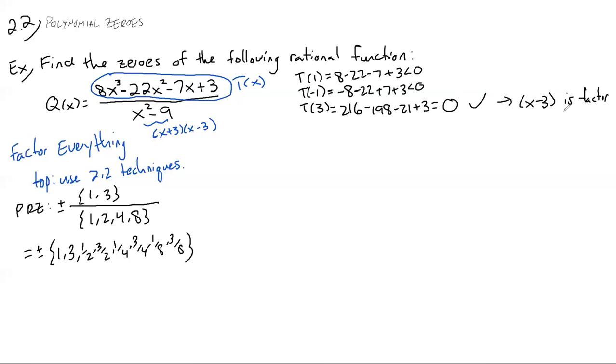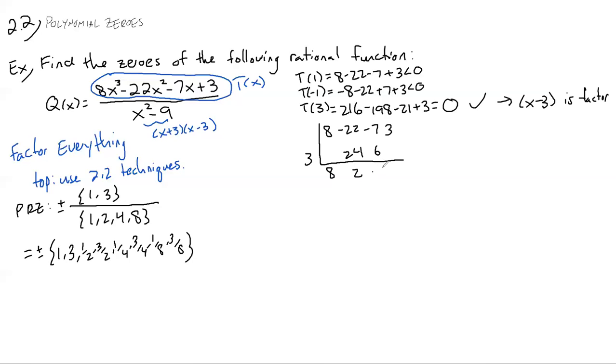That's interesting, if you notice what I did for the bottom there. So I'm going to factor it out. I'll use synthetic division since it sets up nicely for this: 8, negative 22, negative 7, and 3. 8, then 24, add them together to get 2.